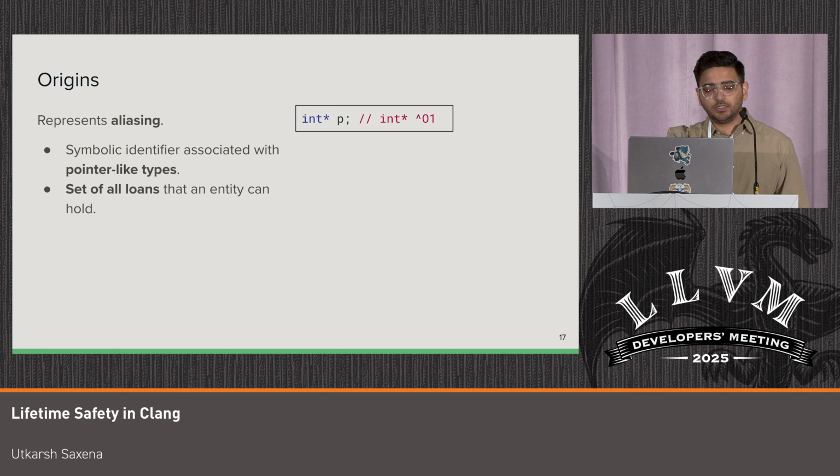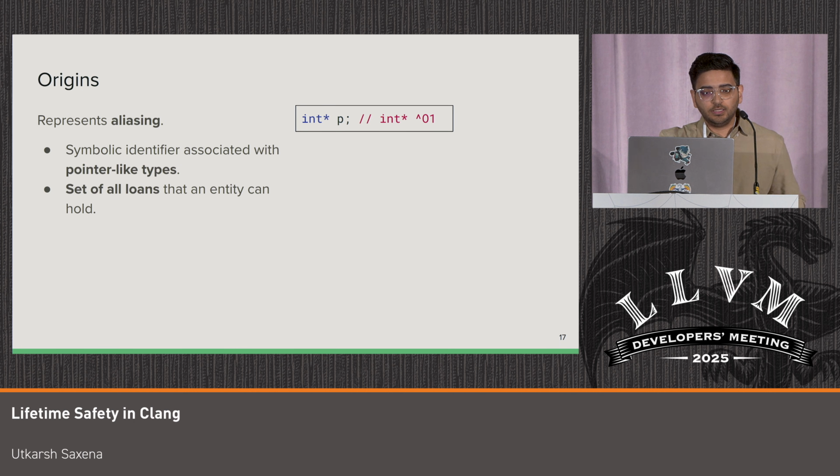The next concept is origins. Origins are essentially symbolic identifiers associated with pointer-like types. So for example, if you have an int star p, we would say that this int star inherently has a property of aliasing, and it should be represented through a symbolic identifier, let's say caret O1.